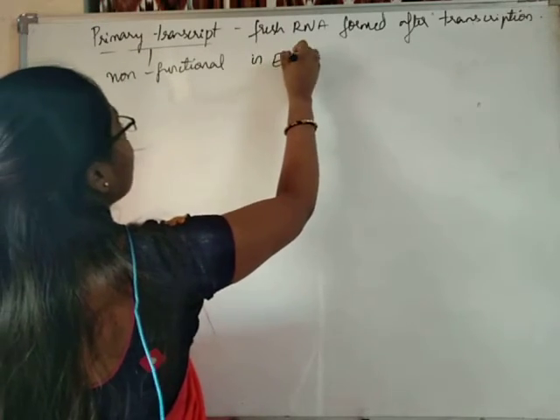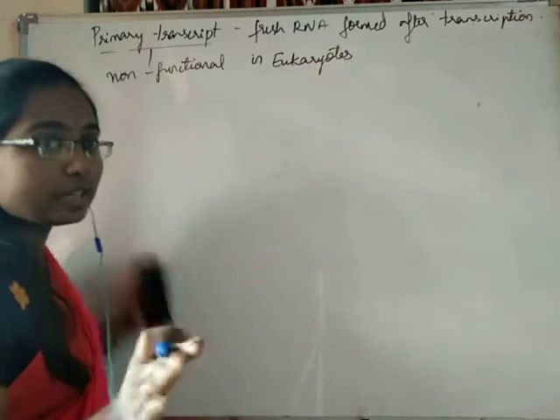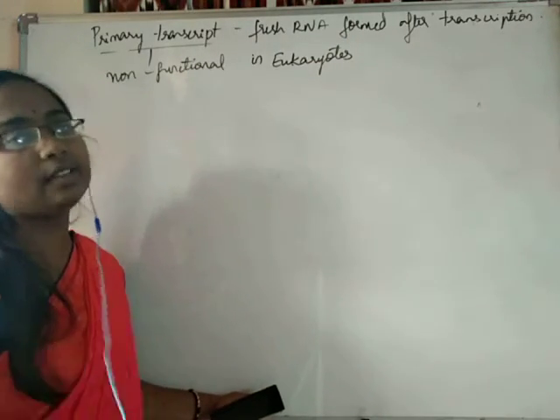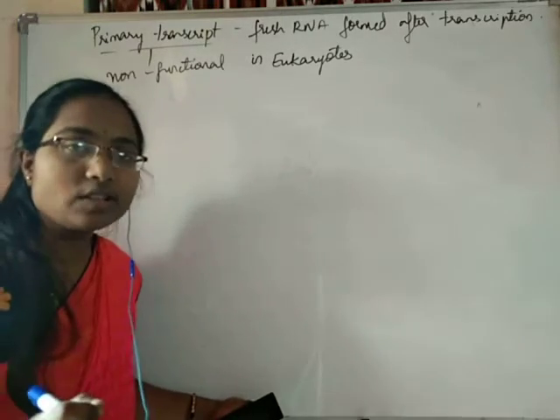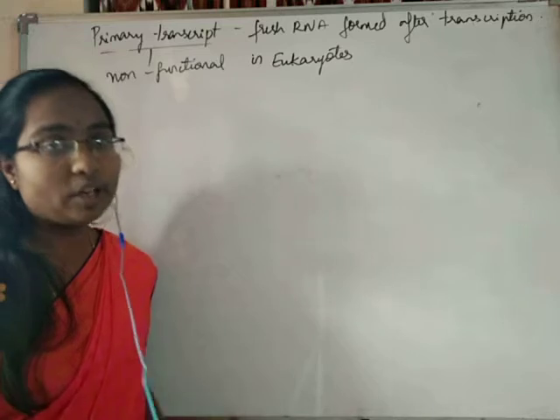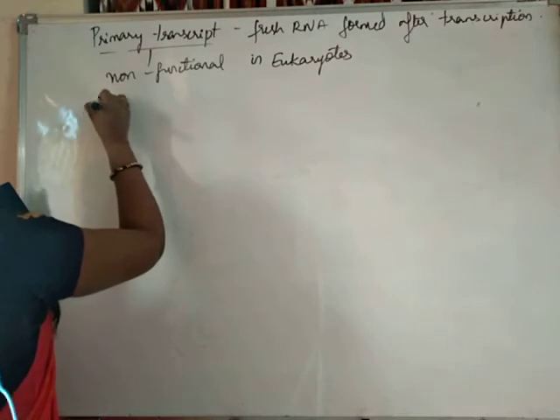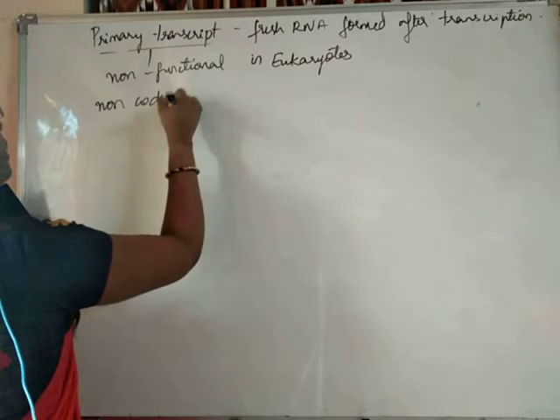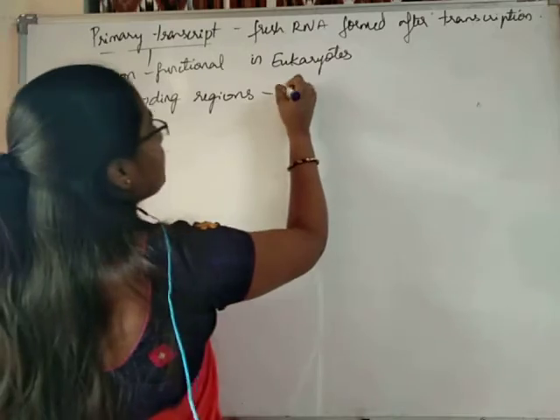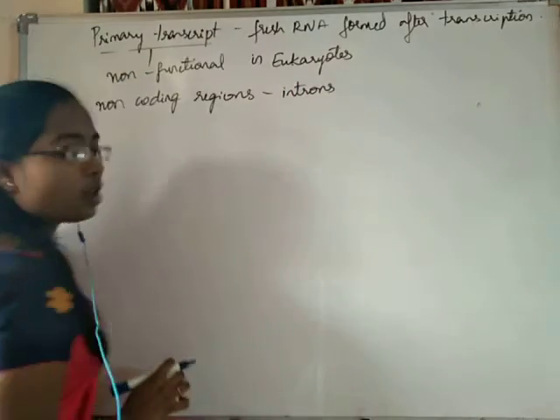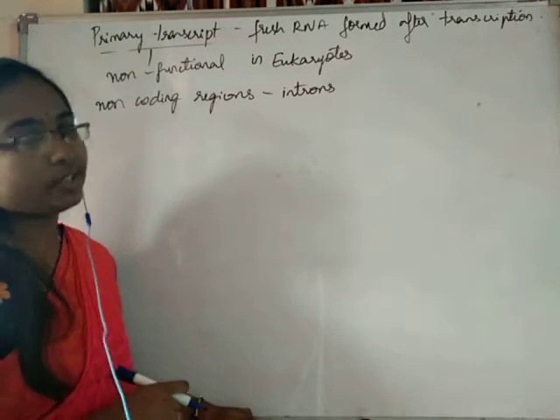Only in eukaryotes do we observe that the primary transcript is non-functional, not in the case of prokaryotes, students. It is non-functional in eukaryotes because the primary transcript contains some non-coding regions called introns, which are present between the coding regions.